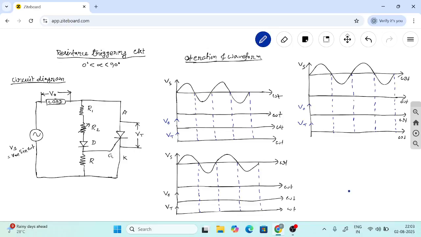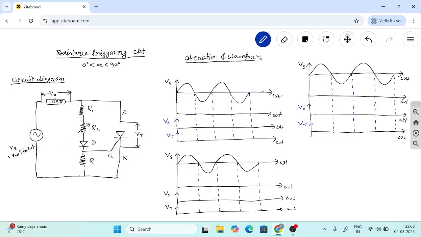Now operation and waveform. Here, this is the supply AC sinusoidal waveform. Vs is equal to Vm sin omega t. And initially, SCR will be in off state condition.